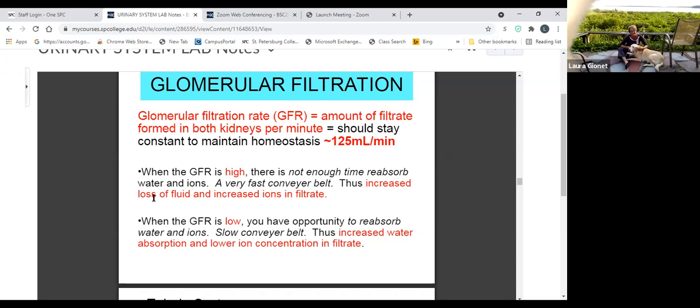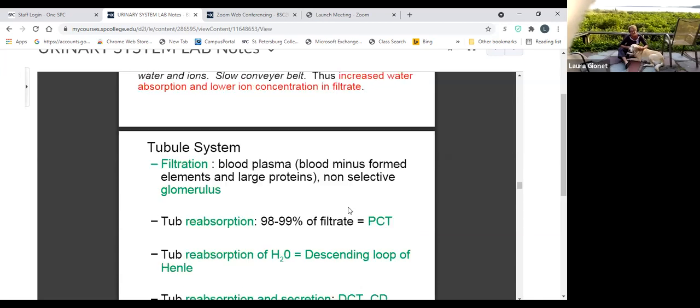So we have increased fluid loss and increased ions in the filtrate. If the glomerular filtration rate is low, we have plenty of opportunity to reabsorb water and sodium chloride and things. So you have decreased urine output, you have less sodium and chloride in there, and so that gives you an indication of the glomerular filtration rate.